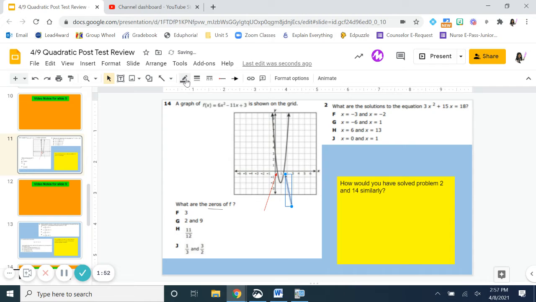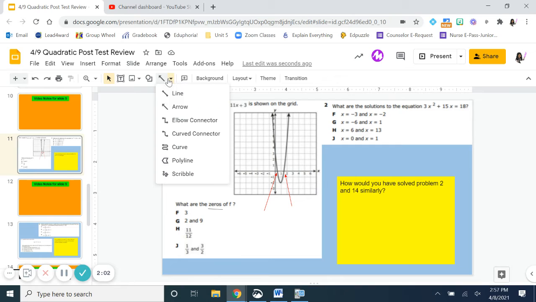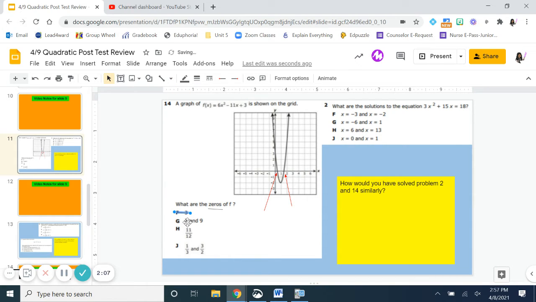Make that one red too. So I notice that I actually have 2 zeros. If I have 2 zeros, that should help me cancel out some answer choices here. So I'm going to cancel out F and G.